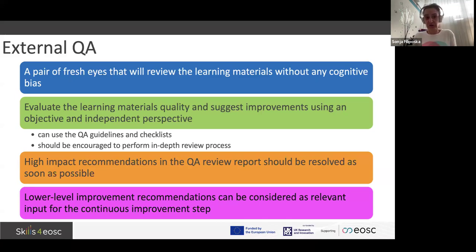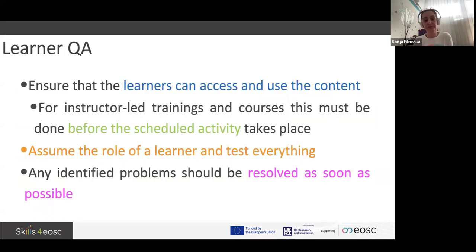Anything that is of high importance, so something is not working, something is not right, you should resolve as soon as possible. But you always get a bunch of, well, this can be improved, but it's not very important at the moment, right? Gather this information. Then at some point you will start continuous improvement and decide, okay, let's implement this improvement or let's do these other improvements later on.